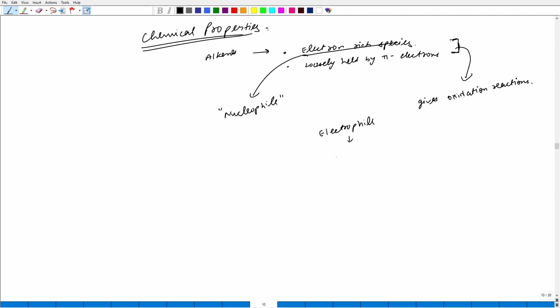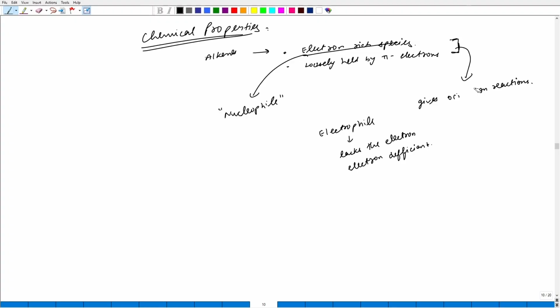Electrophile, on the other hand, means a species which lacks electrons, or we can say electron deficient. Okay. So, this is the basic structure before discussing the chemical properties.